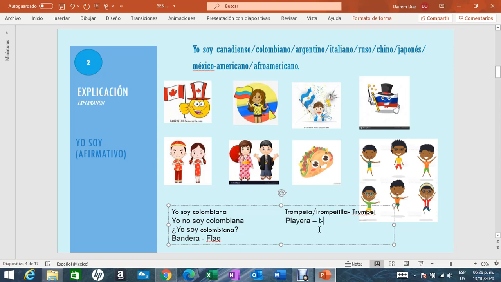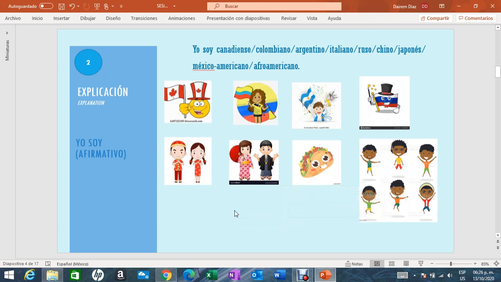And that's it. Playera, t-shirt. That is what we have for our Colombiana friend. Next one. How do you think we would say I am Argentinian in Spanish?